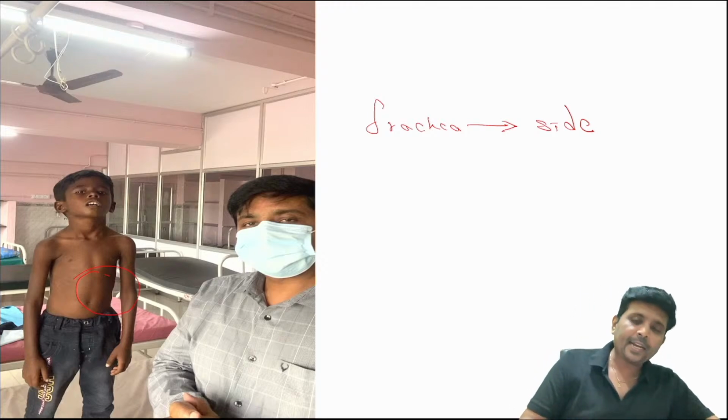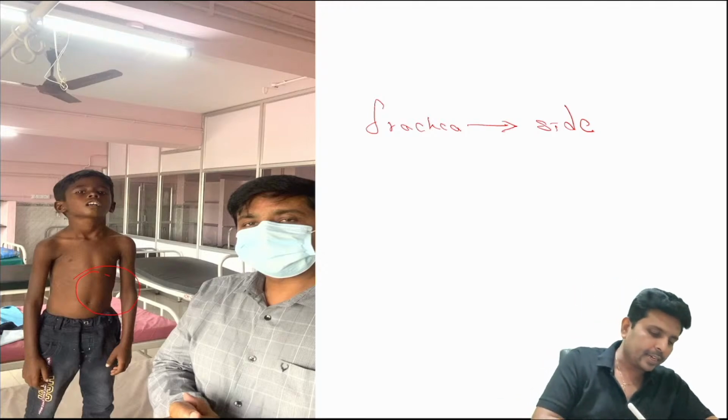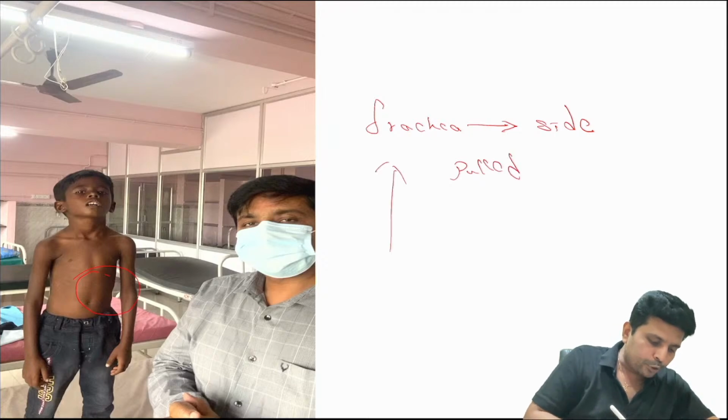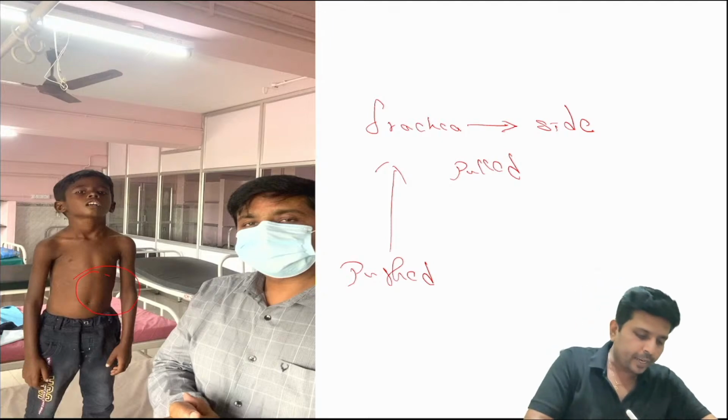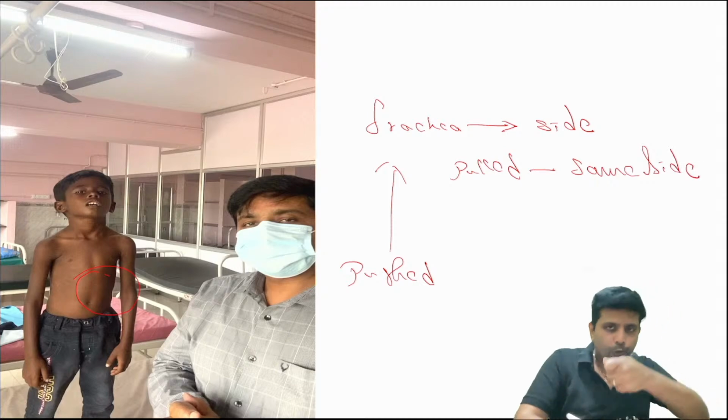Why is the trachea pulled to that side? Either the trachea can be pulled or it can be pushed. Pulled means to the same side. What are all the causes that can cause this pulling?